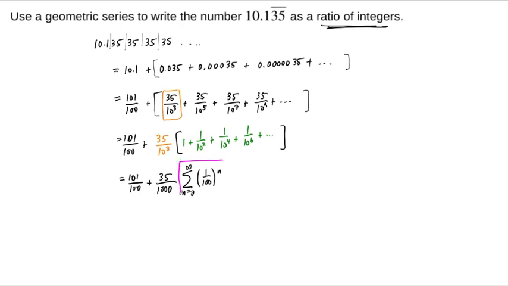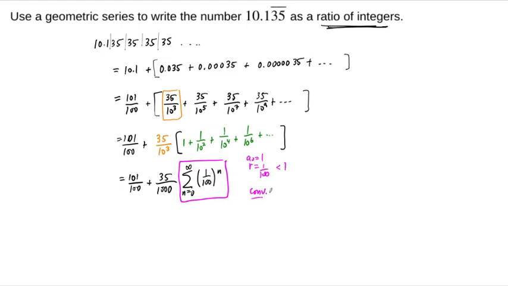This is, of course, a geometric series with a naught equal to 1, and r equal to 1 over 100. 1 over 100 is less than 1, and so we know that this series converges.